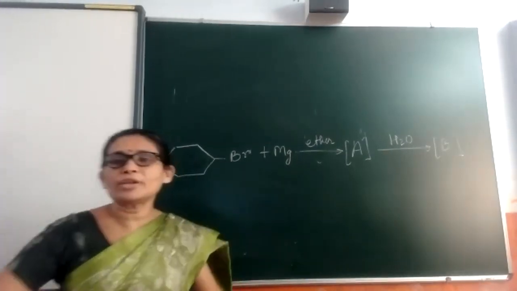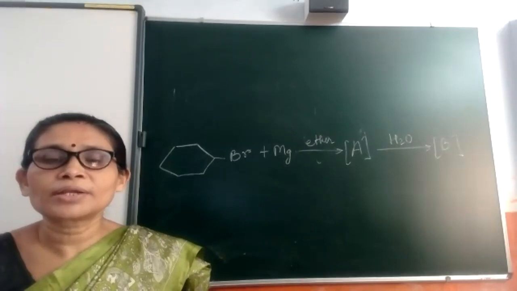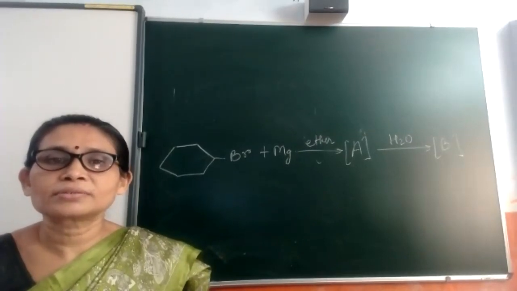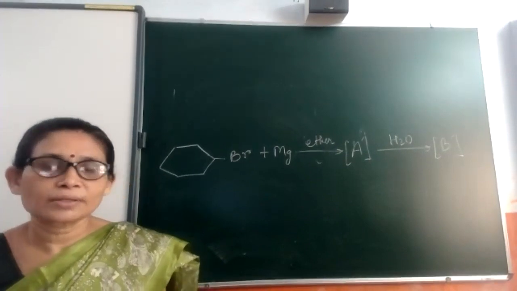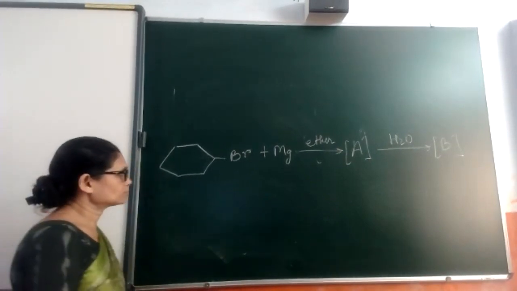So compound A will be Grignard reagent. It will be Grignard reagent, RMgBr.